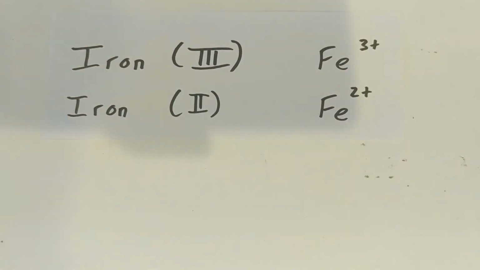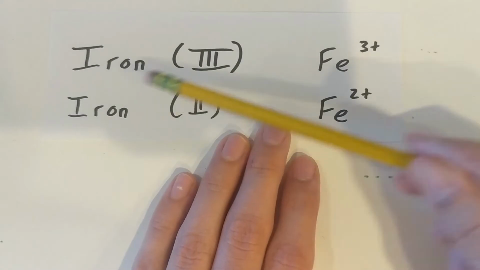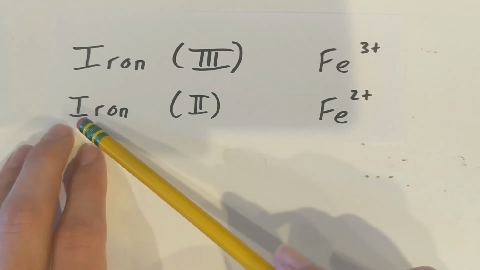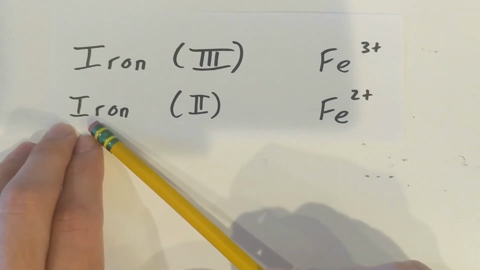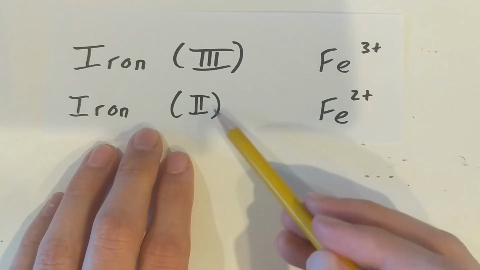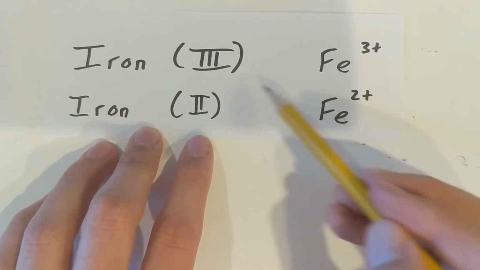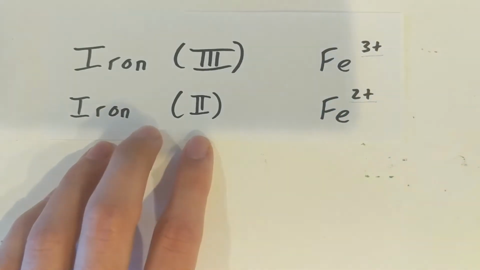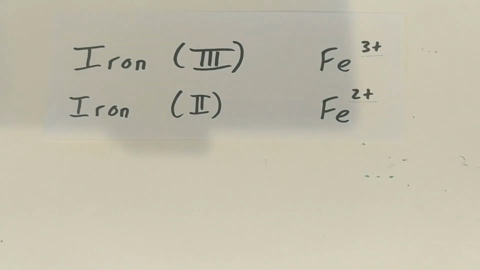Same thing with my other elements. Iron, if it's a +3 ion, it'll be iron 3, and a +2 ion of iron would be iron 2. You can see these Roman numerals refer to the charge on the ion.